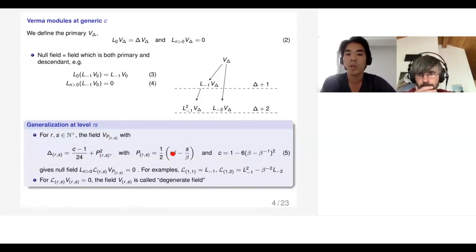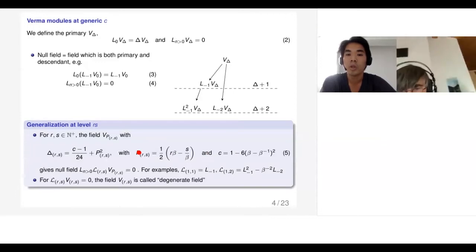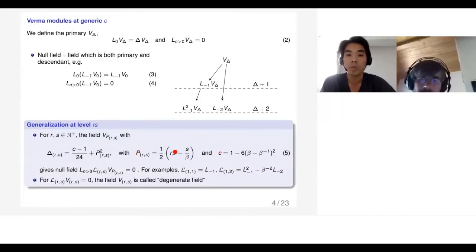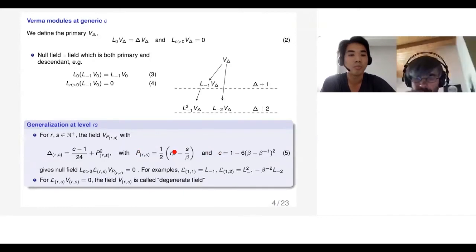And beta here is the parameter parameterizing the central charge and the momentum. Since we are in generic central charge, beta can take a generic value. And so to obtain the null field, you act on this primary with this operator, the L_{R,S} here.